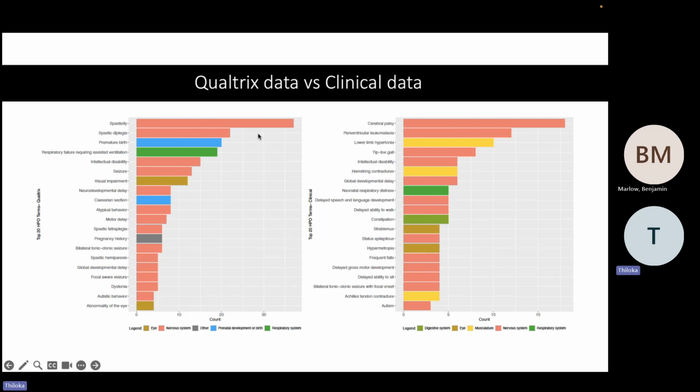As you can see, there are a lot more CP-specific terms in the top 20 terms collected in the Qualtrics data for both Cambridge and Colchester, and premature birth and respiratory failure, intellectual disability, for example. In the clinical data, as in those collected from the electronic health records, there are more specific terms such as tiptoe gait, delayed speech and language development, frequent falls, for example.